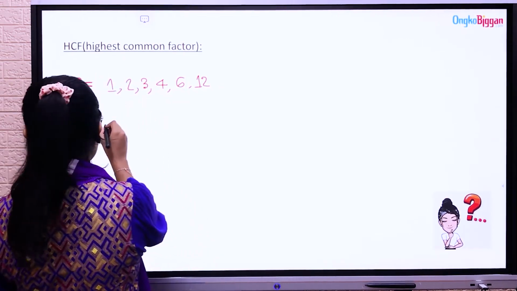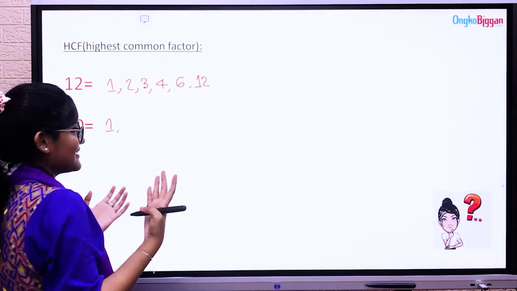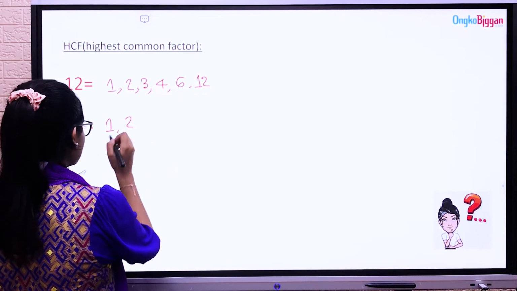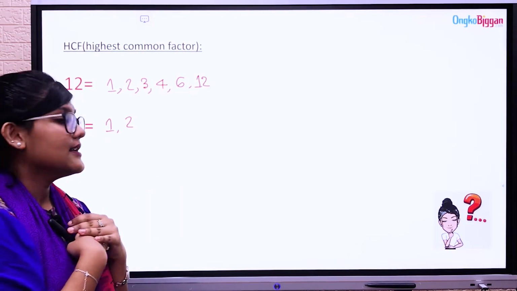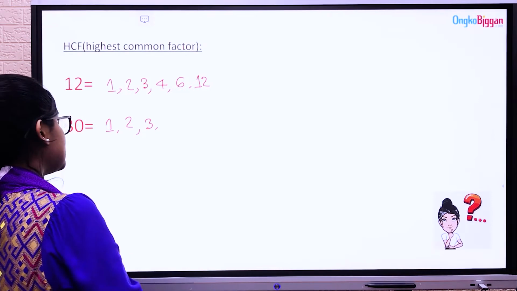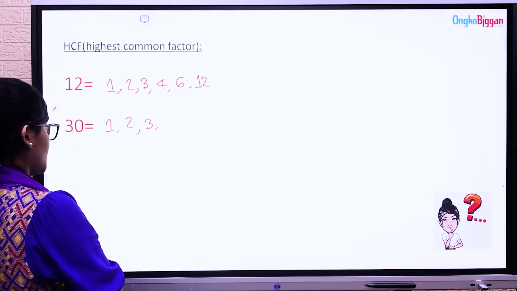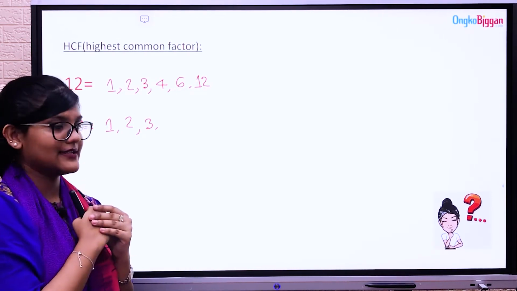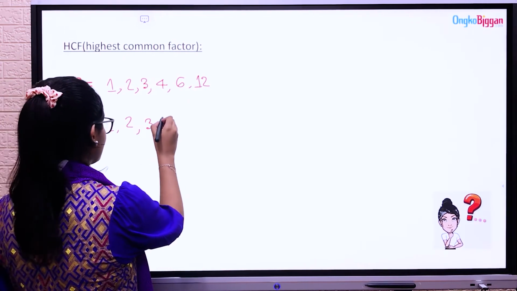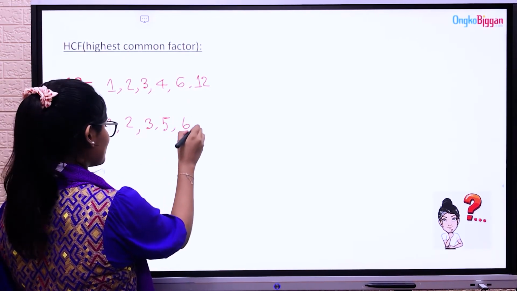Okay, similarly let's find the factors of 30. Firstly 1, because yes, 1 is the common factor every number has. Then 2, yes, 2 fifteens are 30. Again 3 tens are 30. 30 is not divisible by 4, so it can't be a factor. Then 5, 5 sixes are 30, so 5, 6.